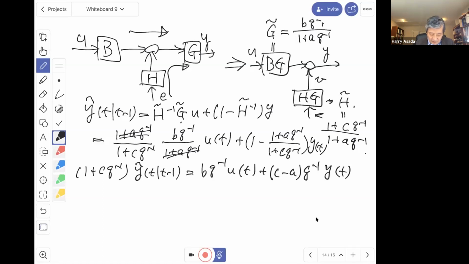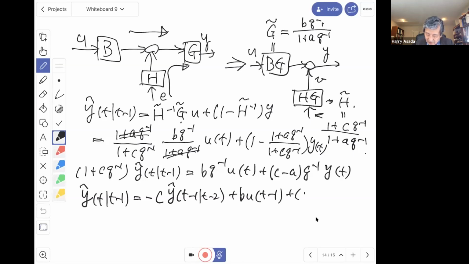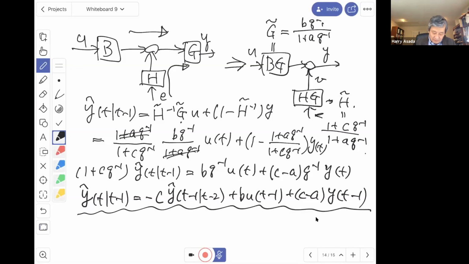So writing this out and applying the time shift operator, we can write y hat t minus 1 equals, moving this to the left-hand side, minus c times the shift, plus b u t minus 1, and c minus a y t minus 1. So this is the prediction that you can make. If you know a, b, c, you can predict the output y very accurately.